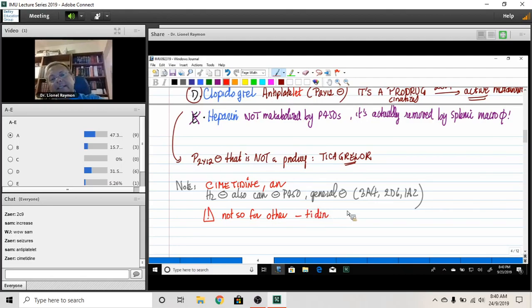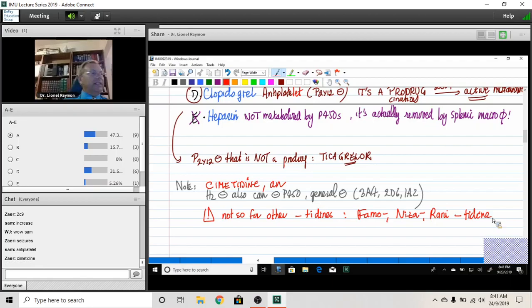And the other tidines include, of course, famotidine, nizatidine, and what is the other one? Ranitidine. There we go, huh?